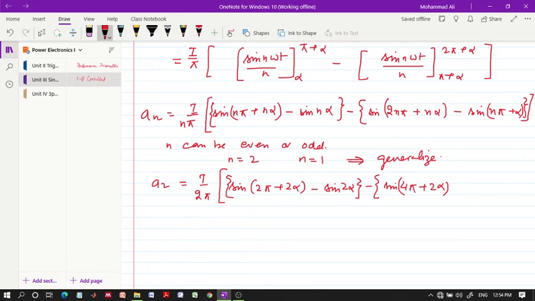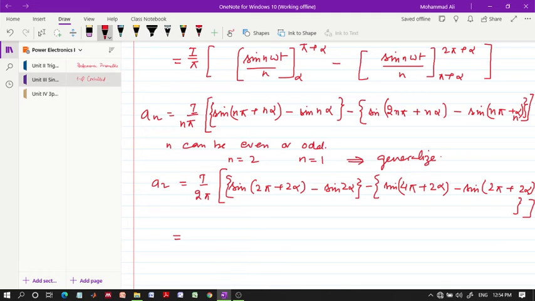Oh, sorry, it should be n alpha. So this will become 2 alpha. Right? So I will just close it like this. There are 2 brackets. So what should be the resultant?